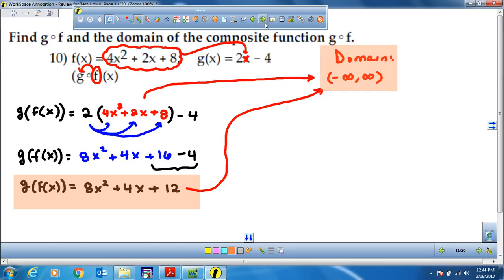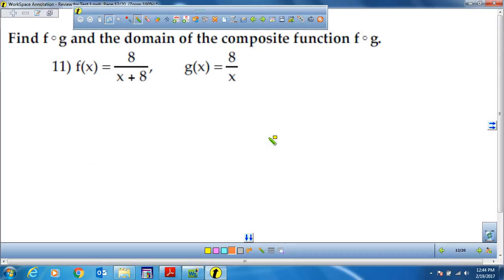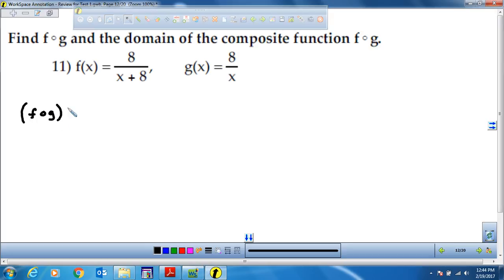Next, now we are going to do the same thing on question 11, but on this one the question says that we are going to find f of g of x. What does it mean by this? F of g of x means that we are going to substitute the function g into the function f of x.